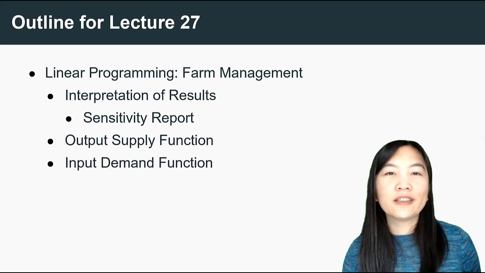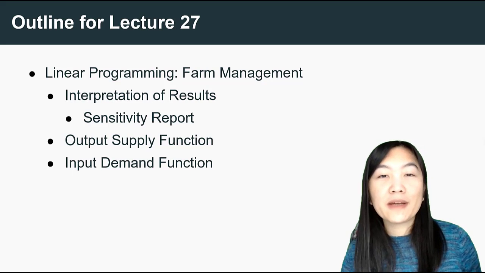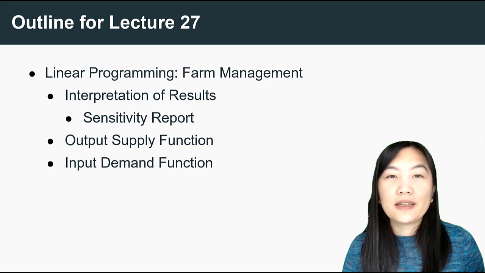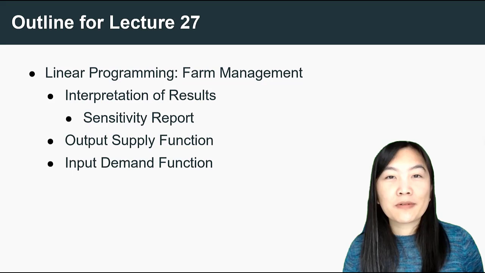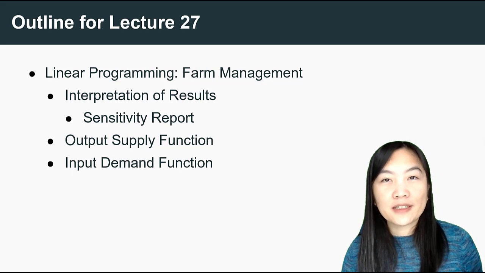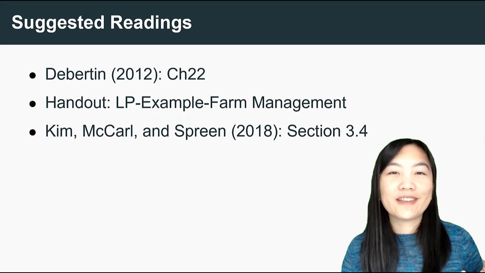For the input demand function, we also derived the conditional input demand and the unconditional input demand function. But here in this linear programming topic, the input demand function and the output supply function are still the same, but the steps of deriving them are different. And I hope you can actually enjoy this.